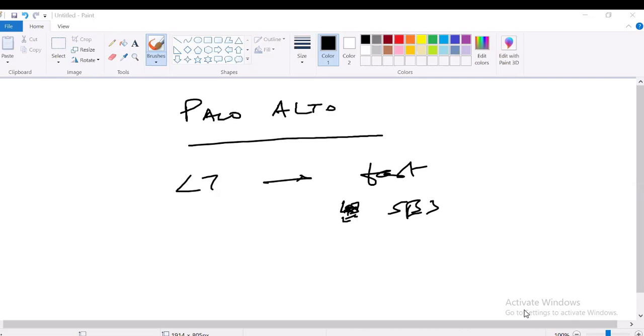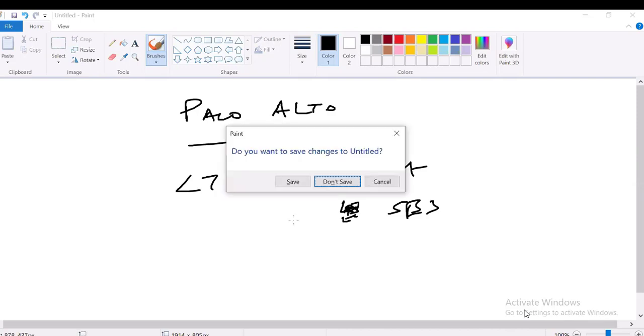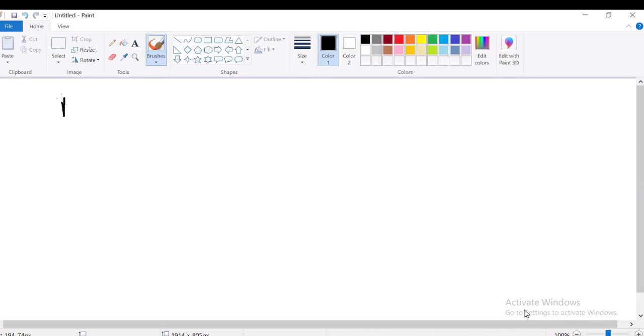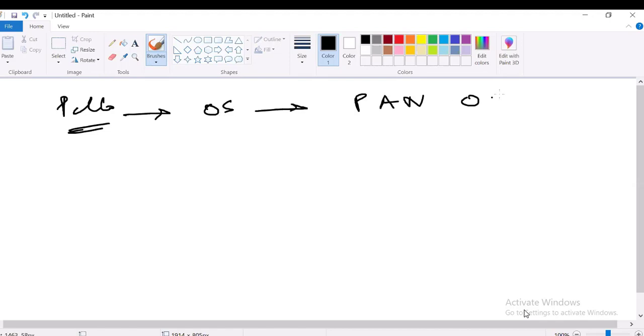And the products we have, I'll just write it down for you. The first product is the next-gen firewall. The OS of Palo Alto is known as PAN-OS, Palo Alto Networks OS, and the GUI is based on Panorama, which is an orchestrator.